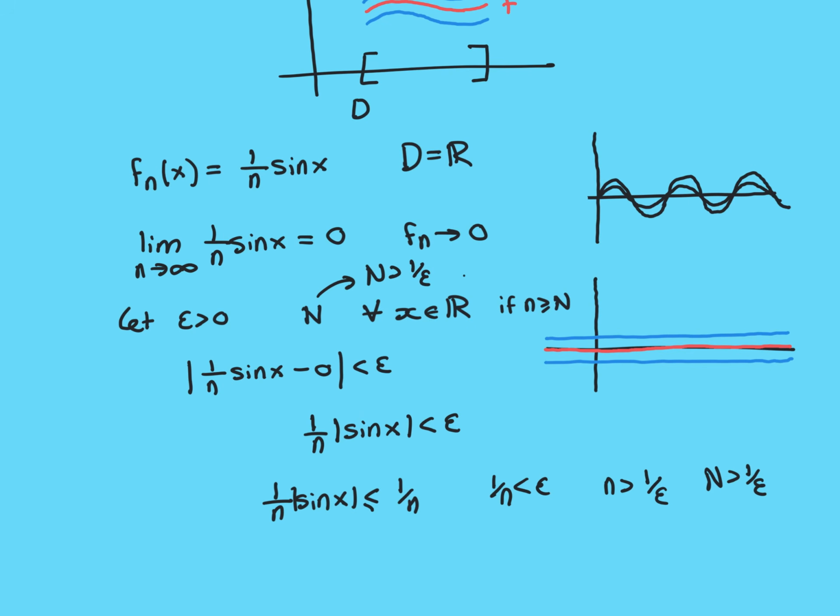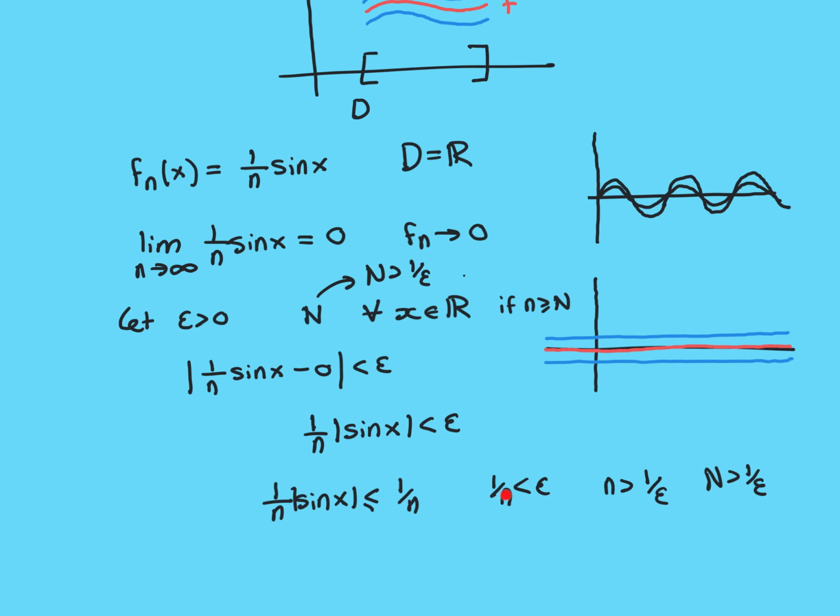So to summarise the argument then now, let epsilon be greater than 0, take as your big N something that is greater than 1 over epsilon, which by the Archimedean property there will always be a natural number that is greater than 1 over epsilon. And then, if you take any little n that is greater than or equal to big N, then by transitivity little n must also be greater than 1 over epsilon, because it's greater than or equal to big N, which is greater than 1 over epsilon. And then you can rearrange that to 1 over n is therefore less than epsilon.